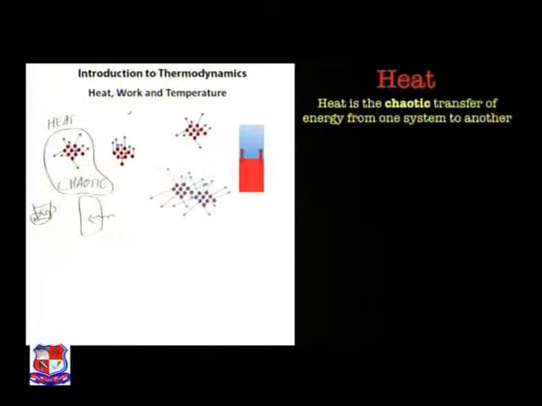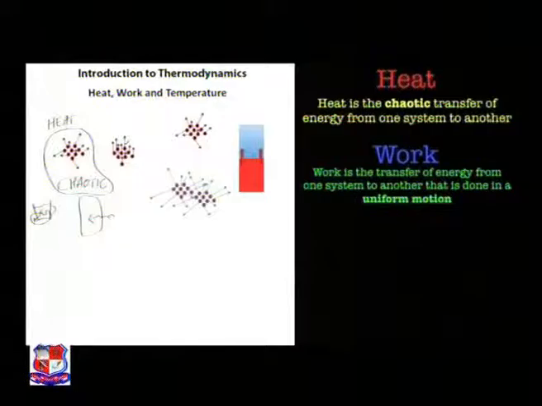Now work, on the other hand, is slightly different, because work is a transfer of energy from the uniform motion of atoms. And what I mean by that is, imagine you've got a piston. Let's move these down a little bit so we can just explain this a bit better.